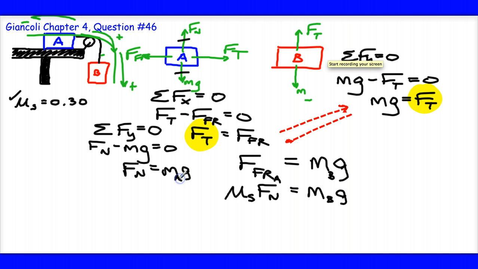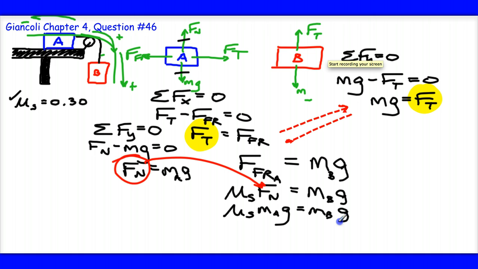Substituting that in, I'm left with mu static times the mass of block A times g is equal to the mass of block B times g.